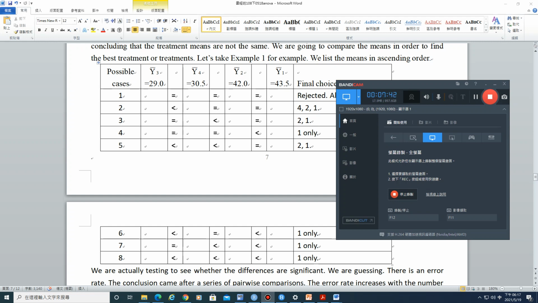So the final conclusion is shaky. We don't have enough confidence in it simply because it is based on multiple statistical comparisons.